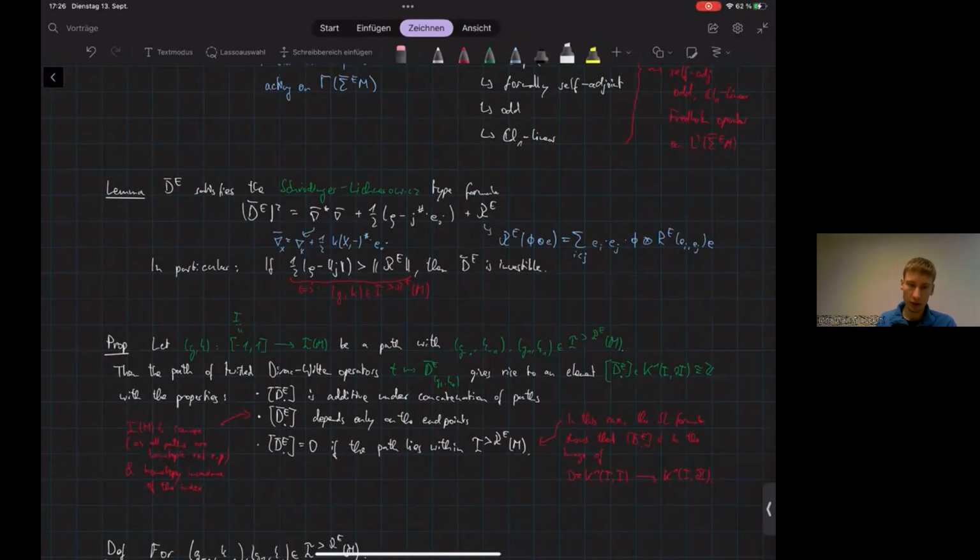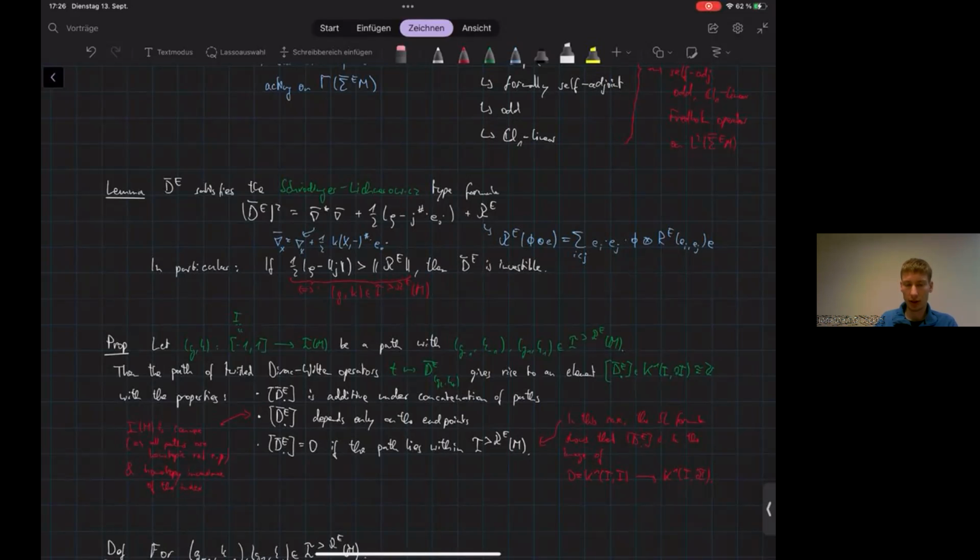And this K-theory class will have certain properties. It is, for example, more or less from construction, since it is the spectral flow, additive under concatenation of paths. Then it turns out that it only depends on the base points. This is a consequence of the homotopy invariance of the index and the fact that this space of all initial data sets is convex.